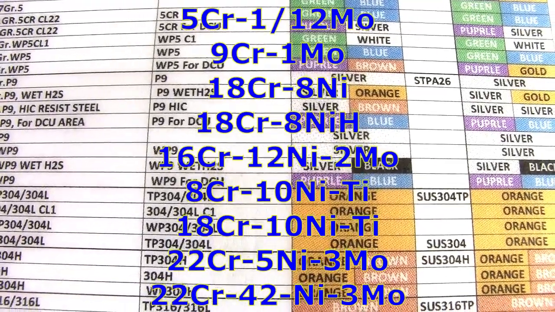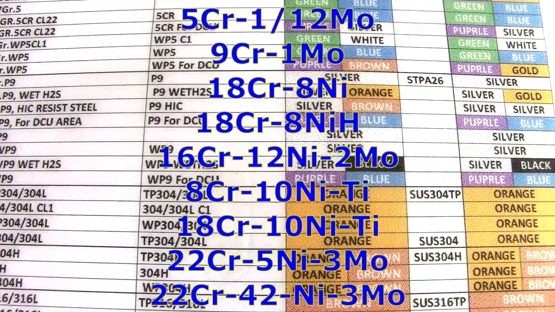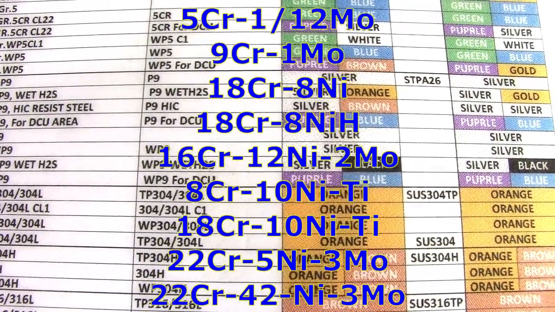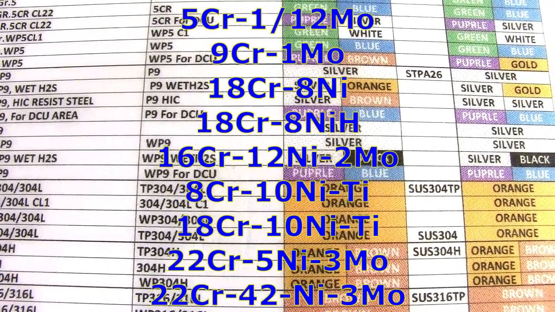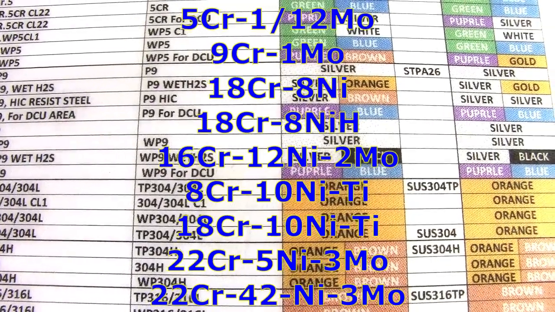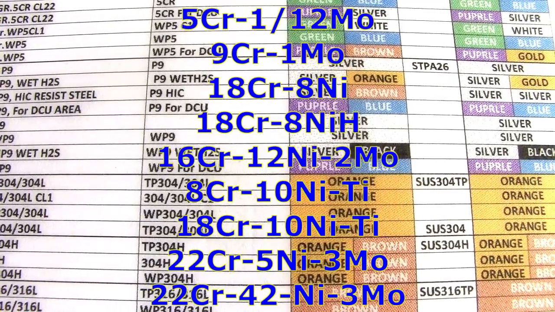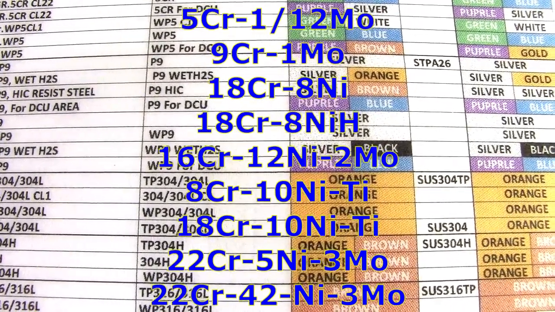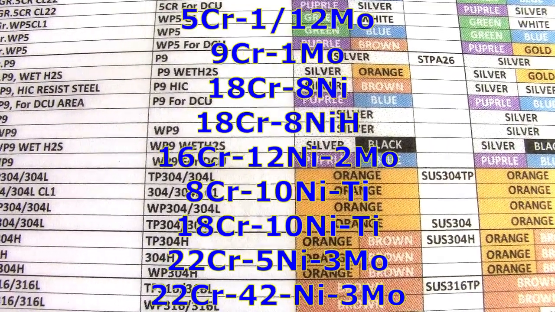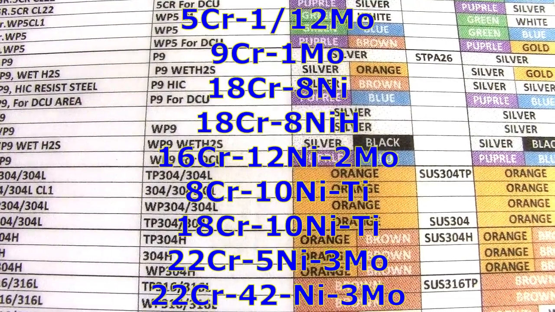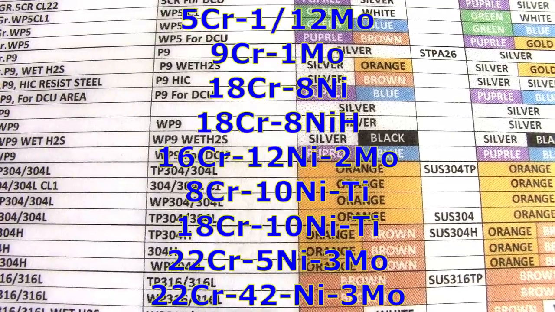Next materials are 5 chrome, 1 and 1/2 molybdenum, 9 chrome, 1 molybdenum, 18 chrome, 8 nickel, 18 chrome, 8 nickel H, 16 Cr, 12 nickel, 12 molybdenum, 8 chrome, 10 nickel, and titanium, 18 chrome, 10 Ni, and Ti, 22 chrome, 5 nickel, 3 molybdenum, 22 chrome, 42 nickel, and 3 molybdenum.